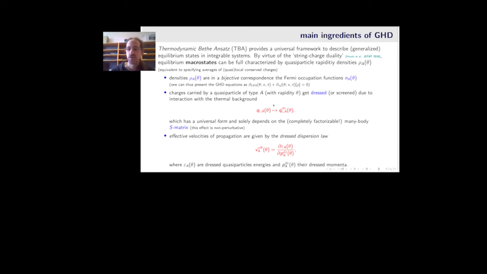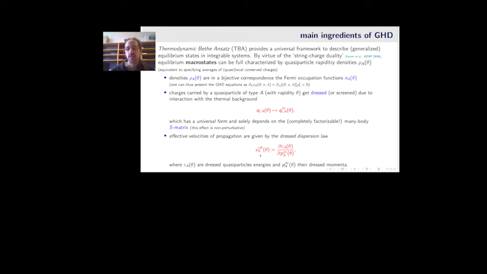This transformation can be made very explicit, but I will not go into that because then I'd have to explain some notions of integrability, and that's not very important. The main point is that it's fully determined by the many-body S matrix, or more precisely by the two-body S matrix, because integrability allows you to reduce everything to a two-body scattering process. But you can think of it as a black box.